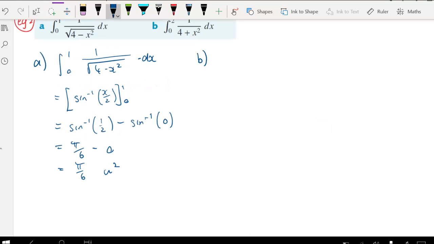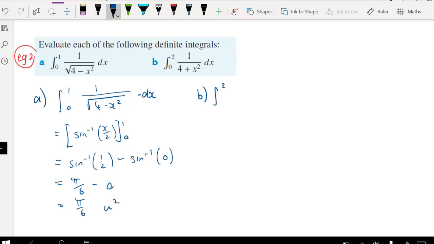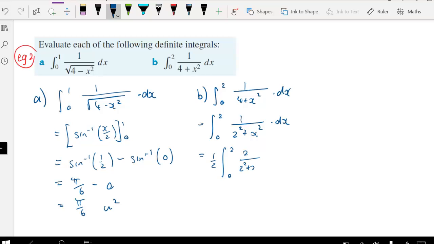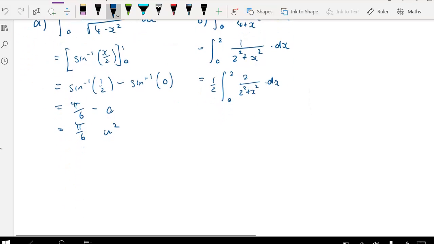When we look at b, we've got the integral between 0 and 2 of 1 on 4 plus x squared dx. We can say that's 1 on 2 squared plus x squared dx. Now we need this 1 here to be a 2, so we're saying this is 1/2 integral between 0 and 2 of 2 on 2 squared plus x squared dx. And therefore we can say this is 1/2, and the integral here is arctan x on 2 between 0 and 2.